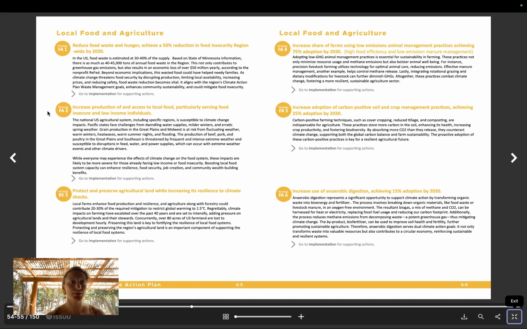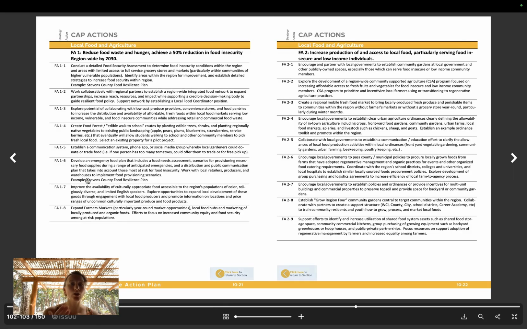The first one is to reduce food waste and hunger, achieve a 50% reduction in food insecurity region-wide by 2030, and then the second one is increase production of and access to local food, particularly serving food insecure and low-income individuals.